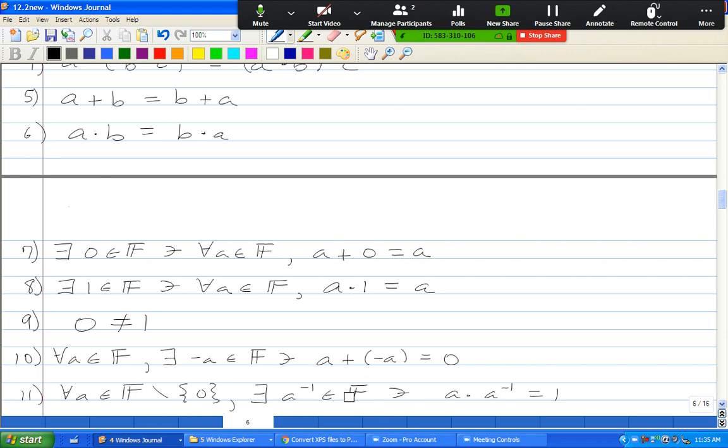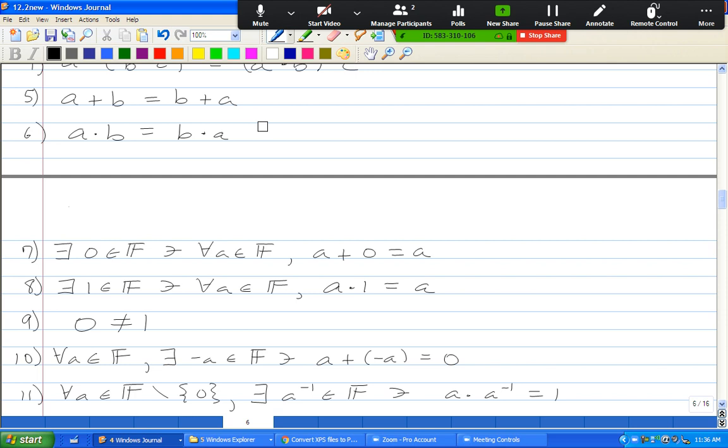And it's a member of your field such that any number times its multiplicative inverse is the multiplicative identity. And so this is a right multiplicative inverse. By the commutative property for multiplication, it's also a left multiplicative inverse.